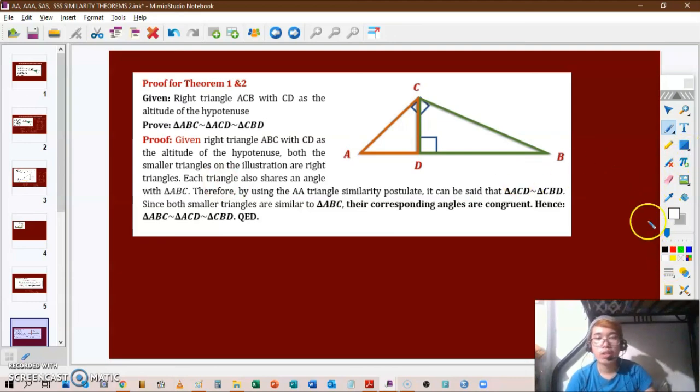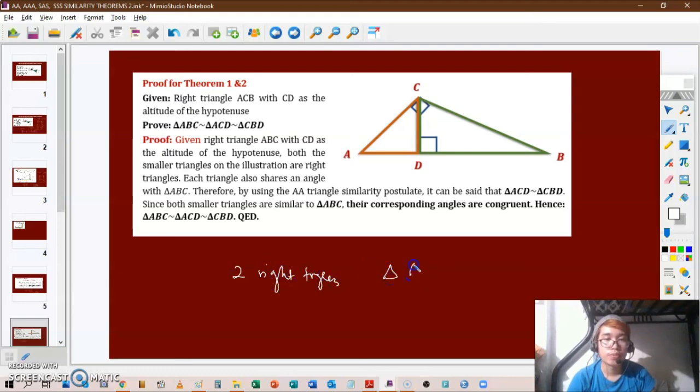So we have here 2 right triangles, ACD and triangle BCD. Each triangle also shares an angle with angle ABC.